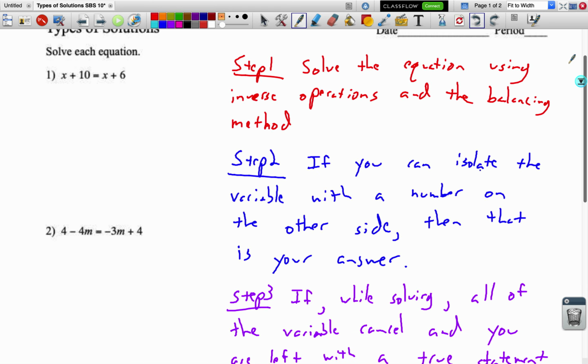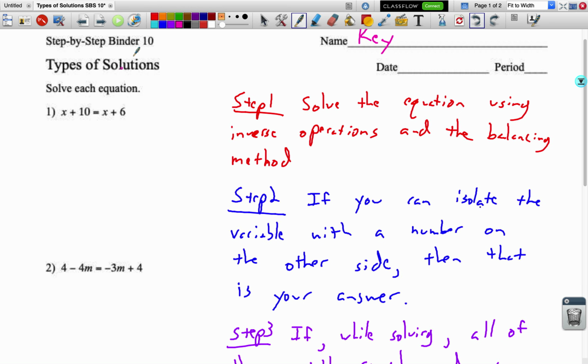Let's solve some and see what we get. So problem number 1. I don't see parentheses. I don't see like terms on the same side. I do see variables on both sides, so I look to combine them. Normally you move the smaller one, but they're the same size, so I cross out both x's, and I'm left with 10 equals 6. So all my variables went away. Is this a true or a false statement?